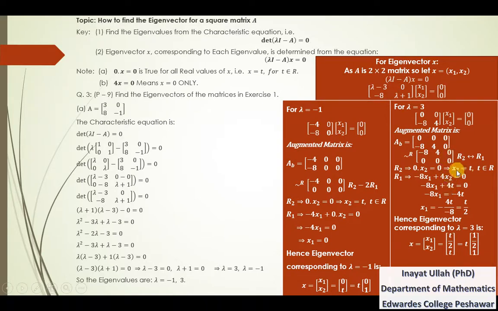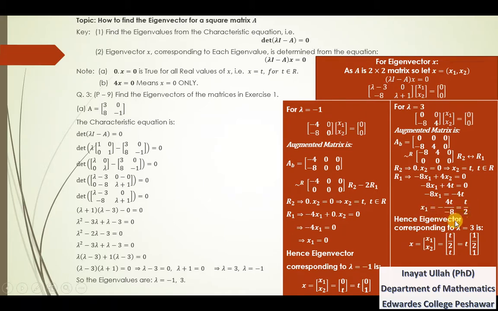Now x2 is t, so replacing x2 by t here, converting this term towards the right hand side, dividing by -8 to get x1 equal to, minus minus cancel, 4 2s are 8, so t by 2, so x1 is t by 2.